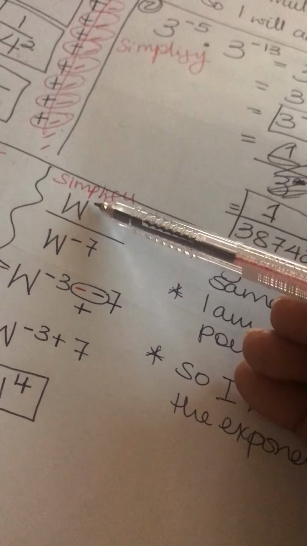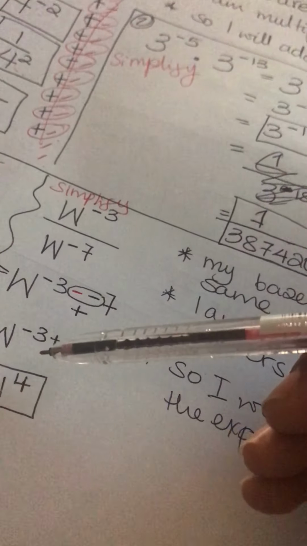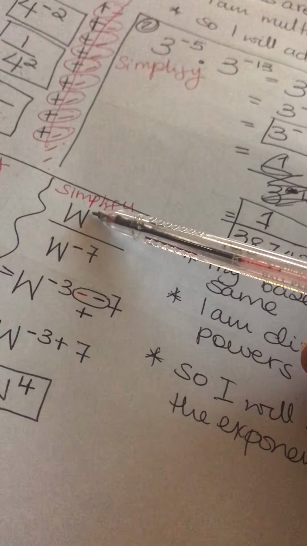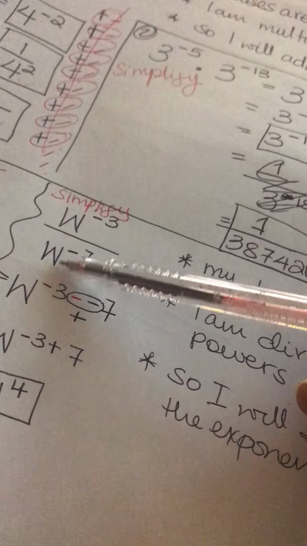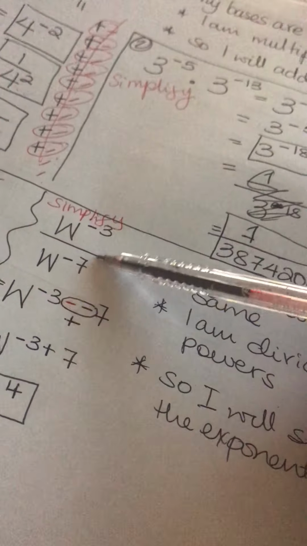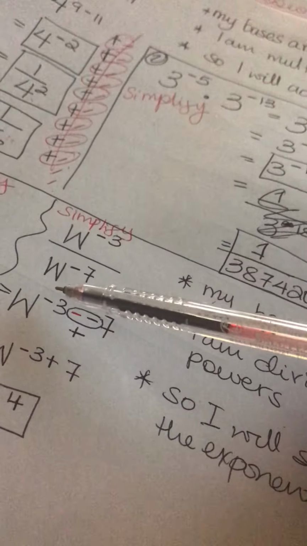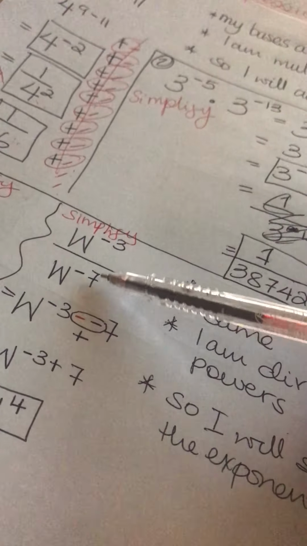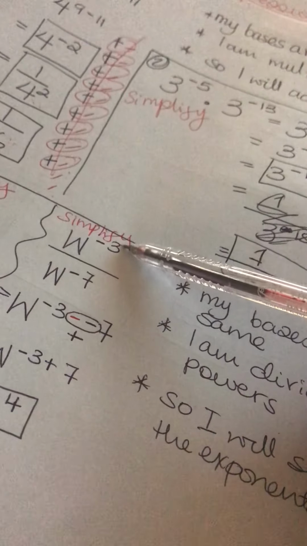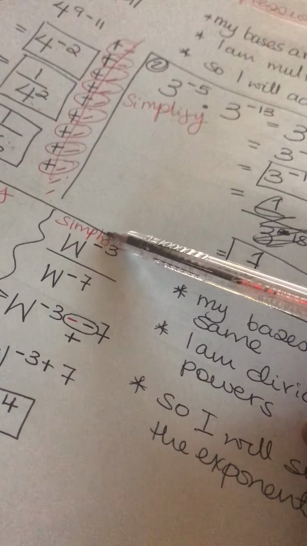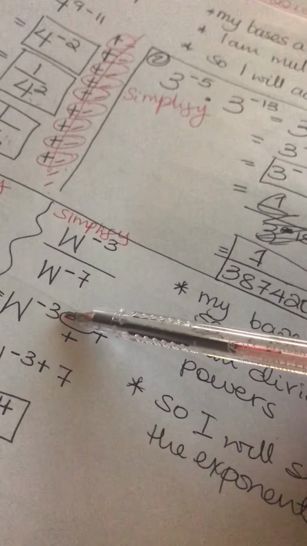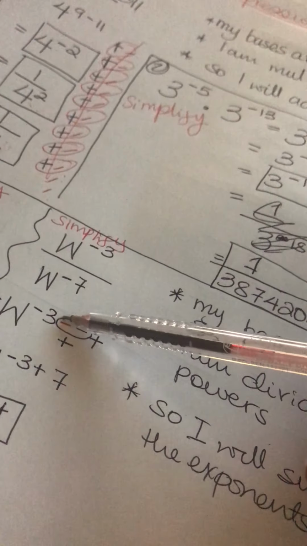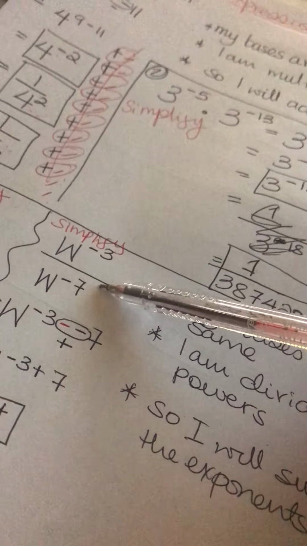All right. So here, as you remember in lesson 3, when I am dividing powers with the same base, I subtract the exponents. So W is raised to the negative third power. And I always start with the exponent that is in the numerator. So negative 3 minus negative 7. Minus because you're dividing, because of this line.